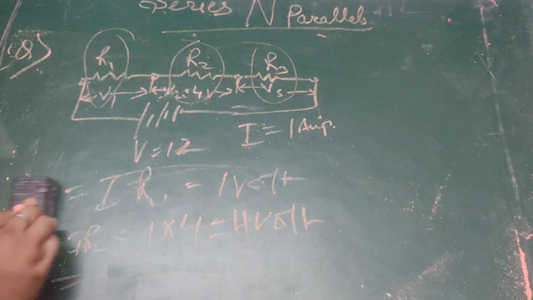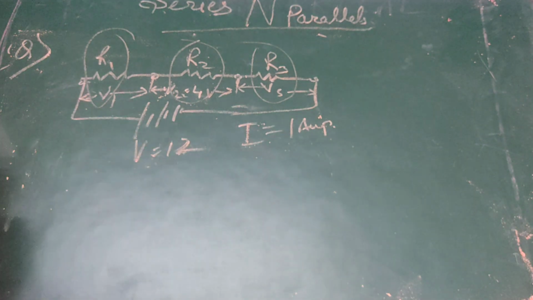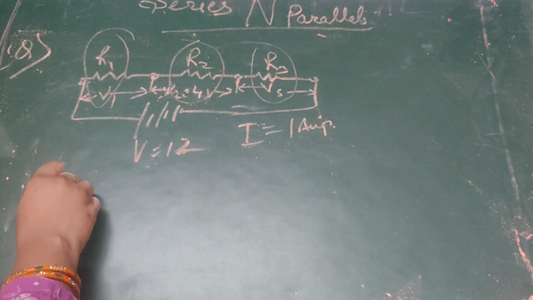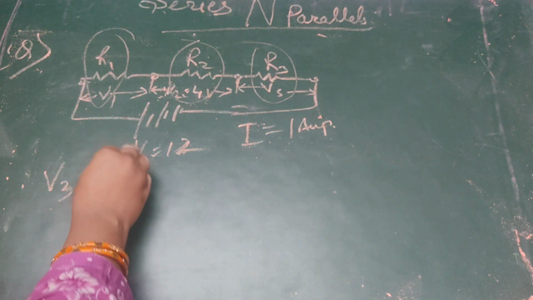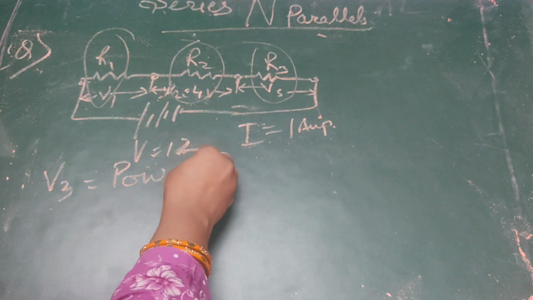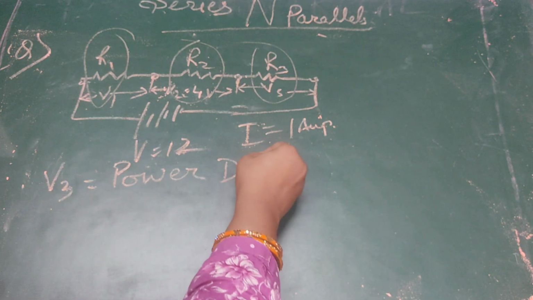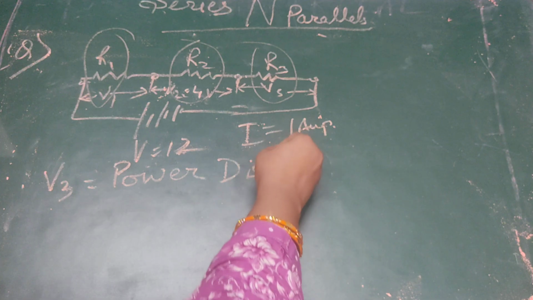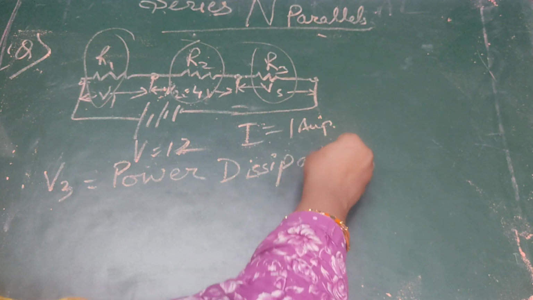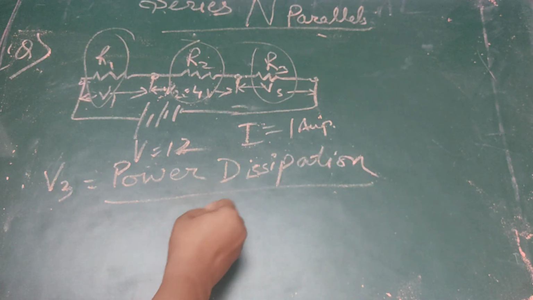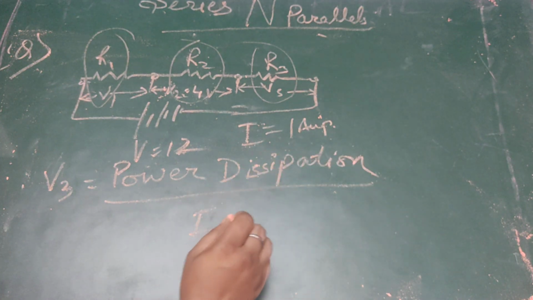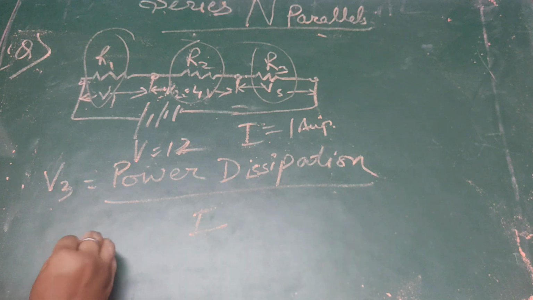For V3, we use the power dissipation, 12 watt, divided by the current we are giving. So what's the value of V3?